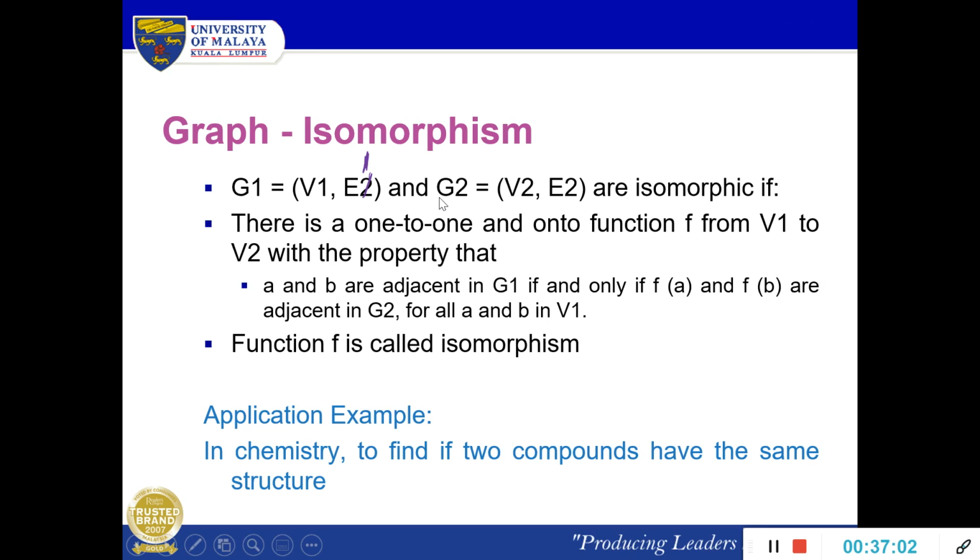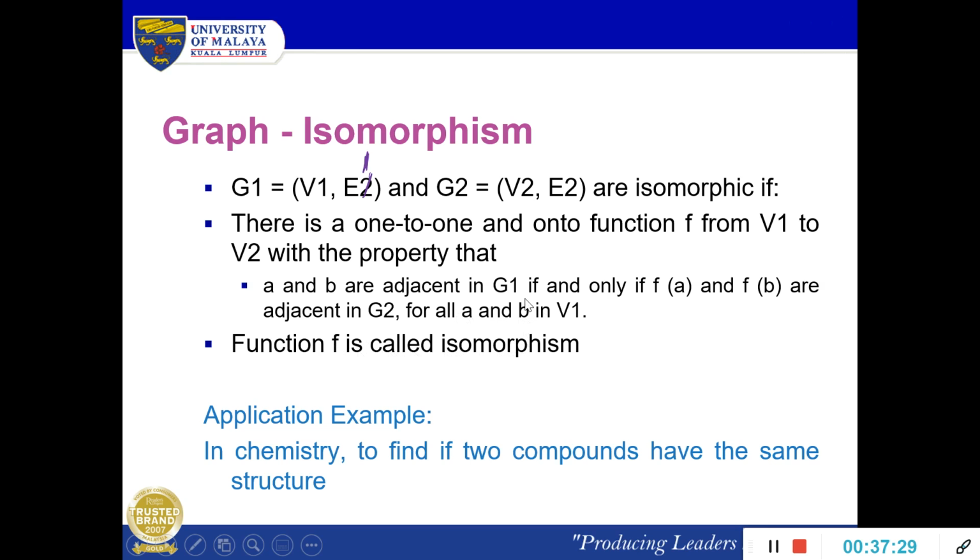And you have graph number 2 with set of vertices V2 and set of edges E2. They are isomorphic if there's a one-to-one and onto function f from V1 to V2 with the property that a and b are adjacent in G1 if and only if f(a) and f(b) are adjacent in graph number 2 for all a and b in V1. The function f is called an isomorphism.